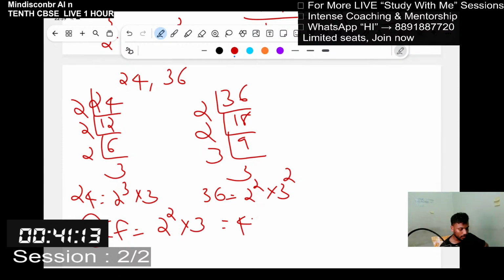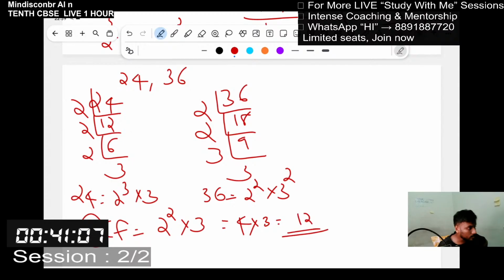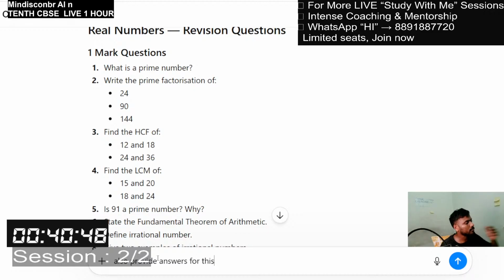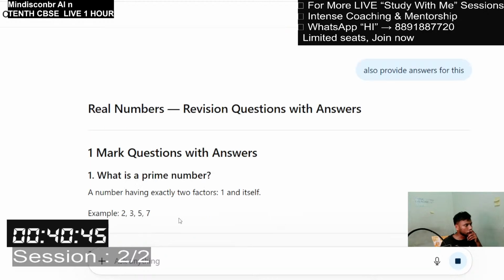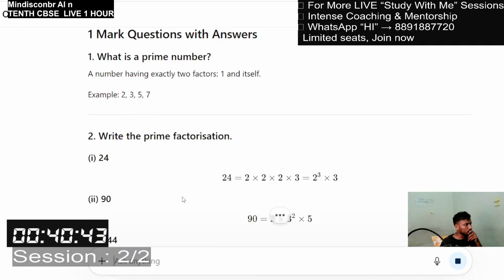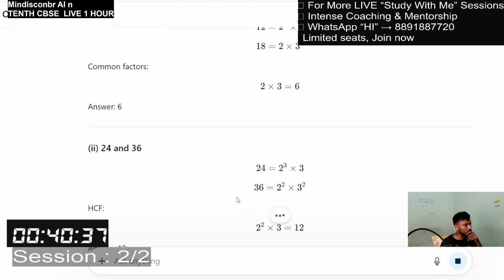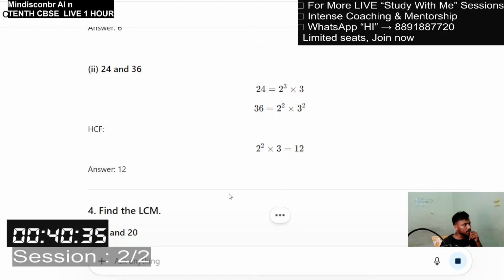Therefore 4 into 3 is equal to 12. So for 24 and 36, HCF is 12.